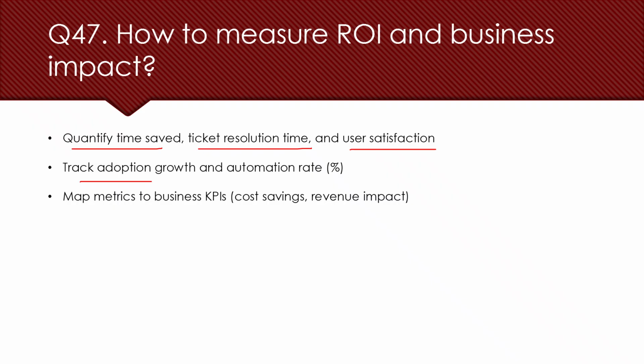The third thing is we can consider the combination of quantitative telemetry and qualitative user feedback. We can create a dashboard that maps agent usage to cost saving and revenue impact for stakeholders, where they can see how the business has been impacted by using the Copilot.